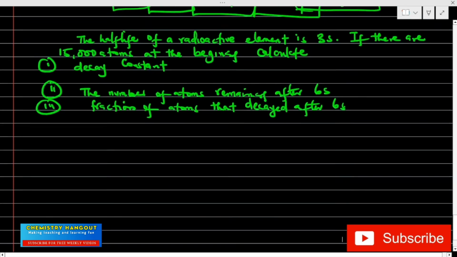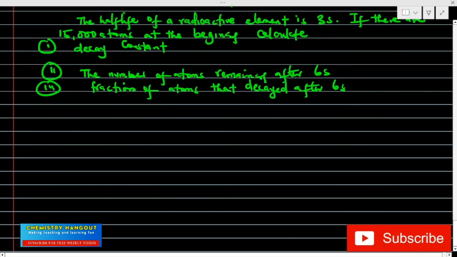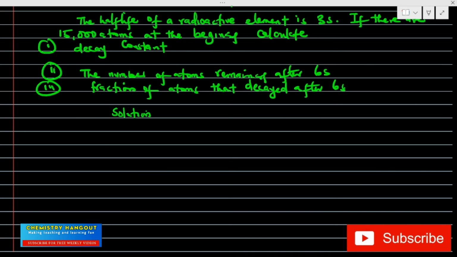Let's get that done very fast now. Let me go up so that we'll see the question, then we can solve. Okay, so the solution now. They say we should look for the decay constant. We know that T half equals 0.693 over K. And they have given us the half-life in the question to be 3.